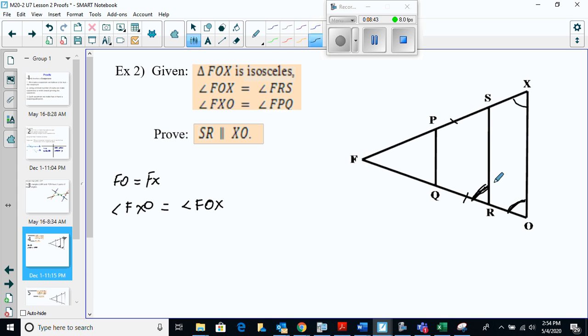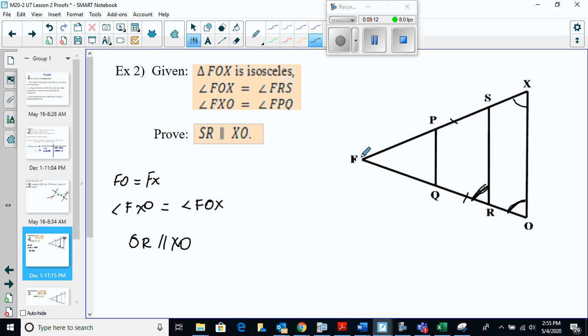Now, in those two lines, SR and XO, the transversal line FQRO, this line here, is creating two alternate interior angles. So therefore, you can say that the line SR is parallel to XO.